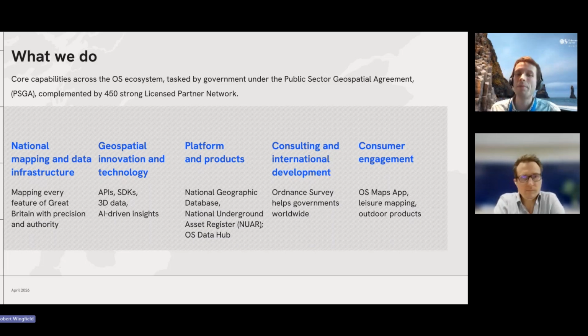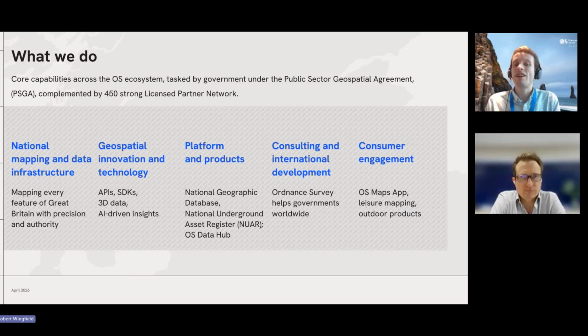We are very much underpinned by geospatial innovation and technology, going back to what Andy was saying a moment ago in terms of that transition over the last 30 years, very much now driving forward with regards to things like APIs, SDKs. We're also looking at 3D data, and increasingly now, as we move into this AI-driven world, we are in turn looking at AI-driven insights.